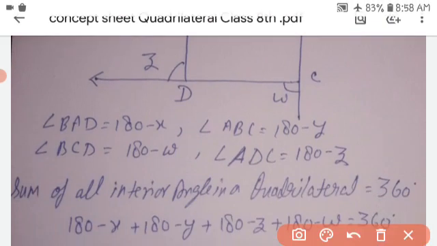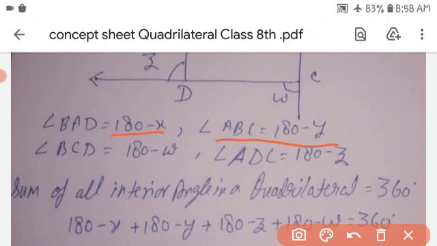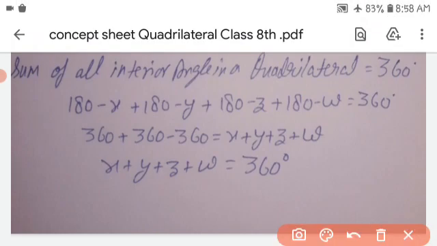Now angle BAD is equal to 180 minus x, ABC is 180 minus y, BCD is 180 minus z, and ADC is 180 minus w. The sum of all interior angles of a quadrilateral is 360 degrees. Now the sum of these angles, 180 minus x, 180 minus y, 180 minus z, 180 minus w, is 360. 720 minus x minus y minus z minus w equals 360. Moving these to the other side with a plus sign, x plus y plus z plus w, and 360 cancels. Now x plus y plus z plus w is equal to 360.